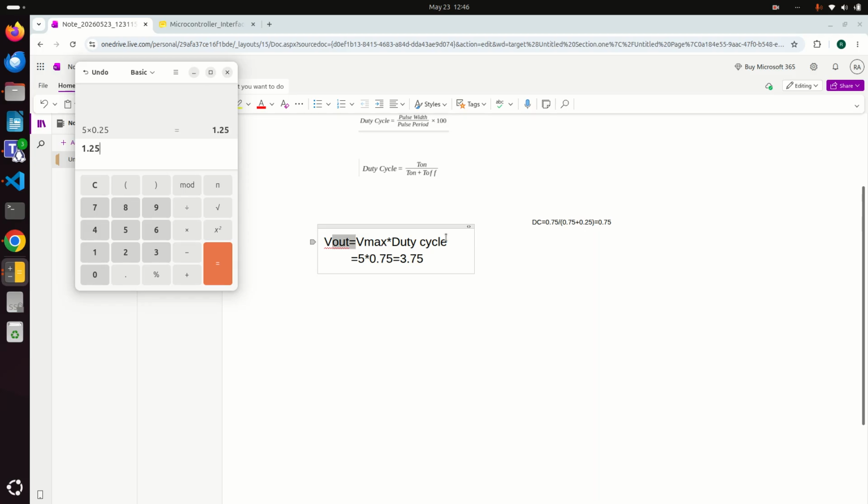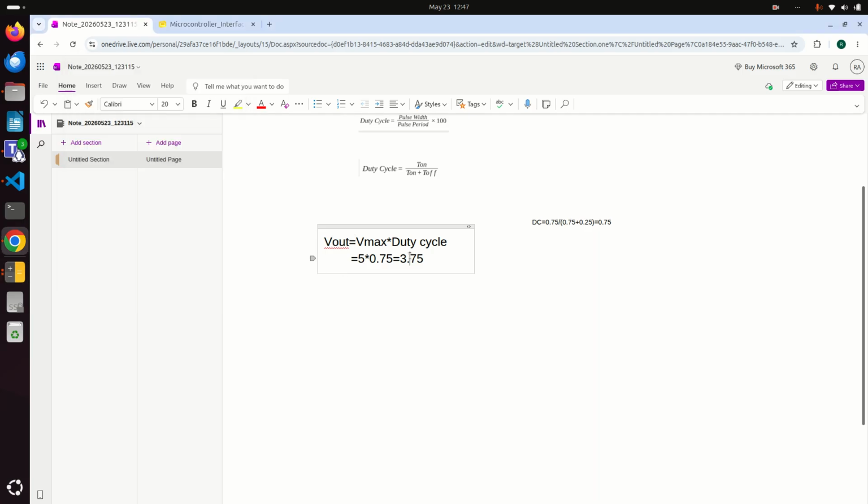So when I decrease the duty cycle, the output voltage value also decreases. If duty cycle is 0, then the output voltage is also 0. So we can say that when duty cycle increases, average voltage also increases, and vice versa.